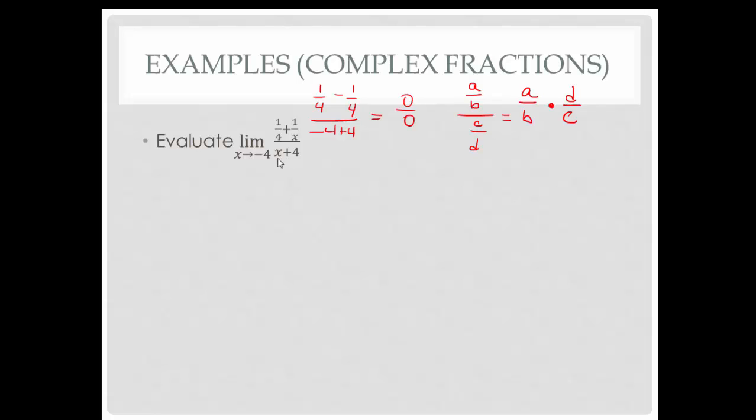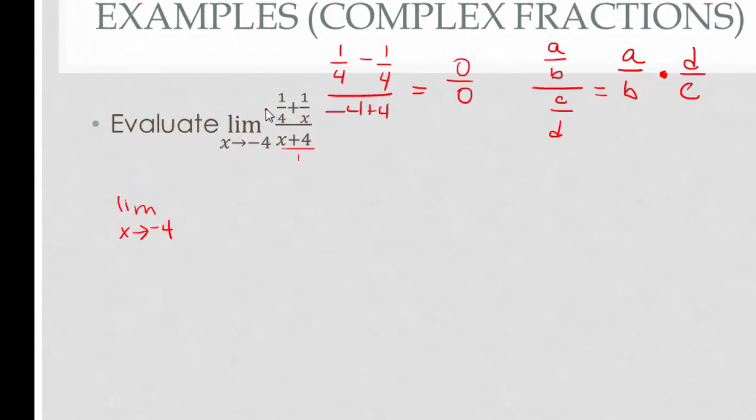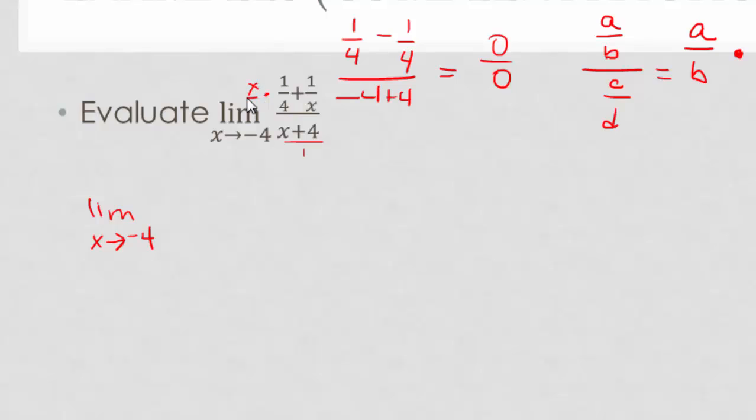The denominator's fine. That's technically x plus 4 over 1. Your numerator's not okay. You've got two fractions. So we actually need to go ahead and add those together before we can turn this into multiplication. So you have 1/4 plus 1 over x. Common denominator between those is going to be 4x. So you multiply the first fraction by x over x, the second fraction by 4 over 4.